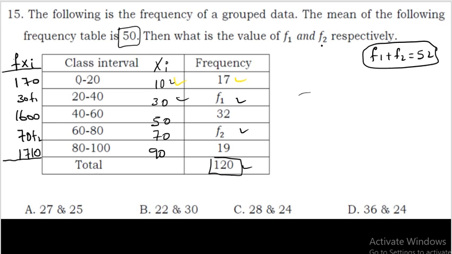It goes in that way, so we add them, and the sum will include 30 F1 plus 70 F2. Let me put the two together first, because these contain the variables. The other numbers will be added, which will be 3480. Then divide by the total frequency, 120, which is equal to 50.